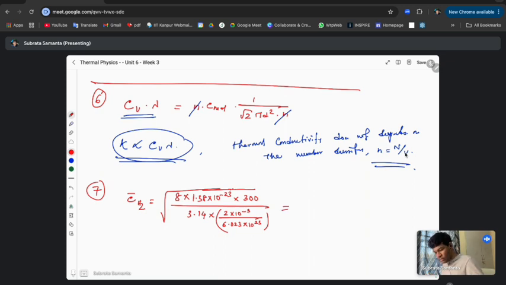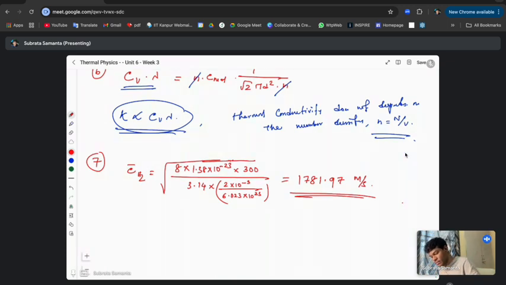You calculate this, and the answer is 1781.97. What is the unit? It's basically velocity, and because I converted every quantity to SI units, it is 1781.97 meter per second. Then once you know this, you can calculate the diffusion coefficient.